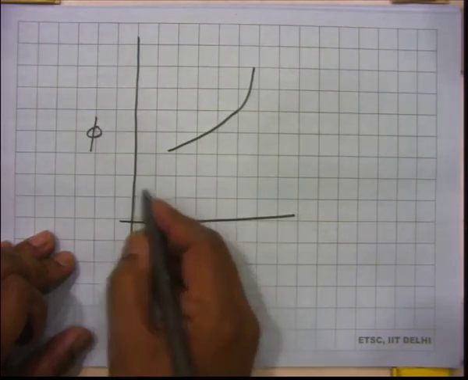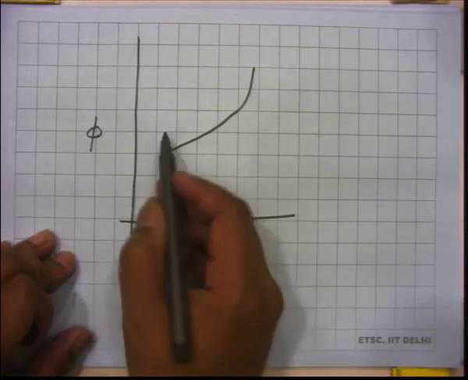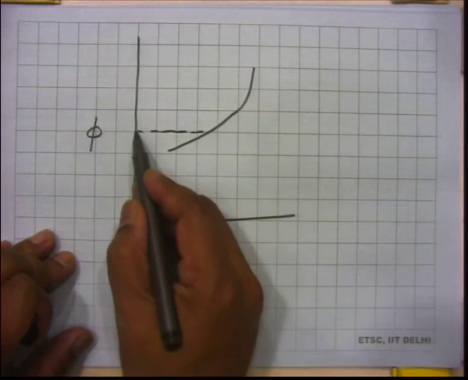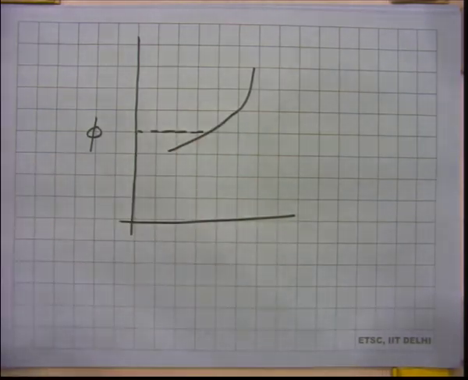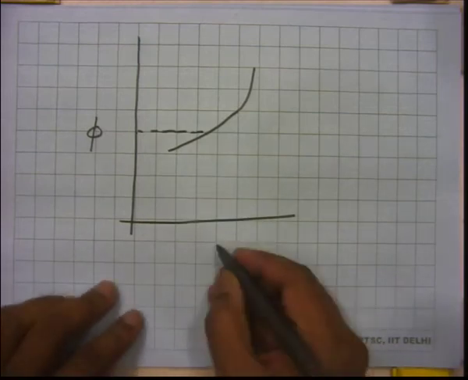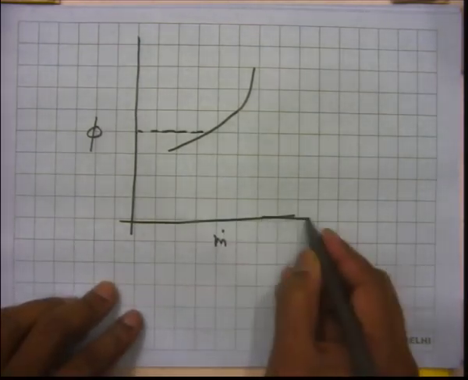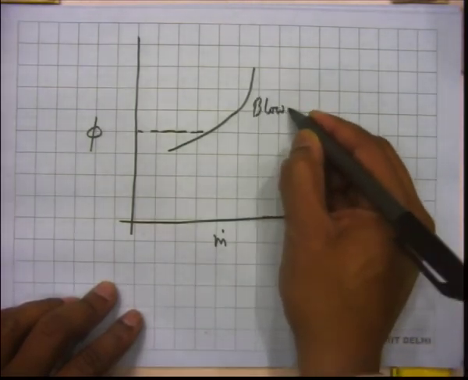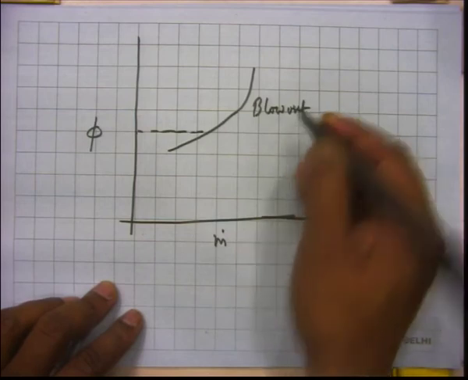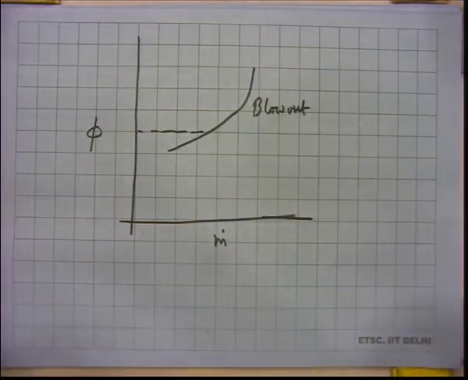So, I am not saying what this value is, for example. For that you have to look up figure 6.8 from the book, and this is equivalence ratio versus m dot at blowout. Let us see what it means.